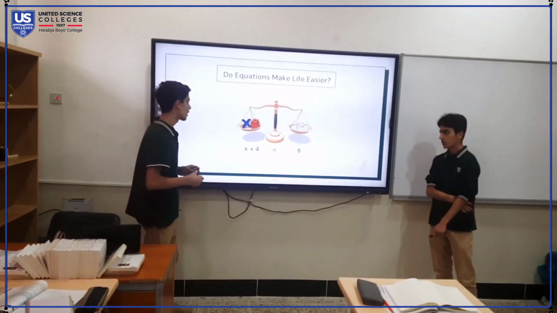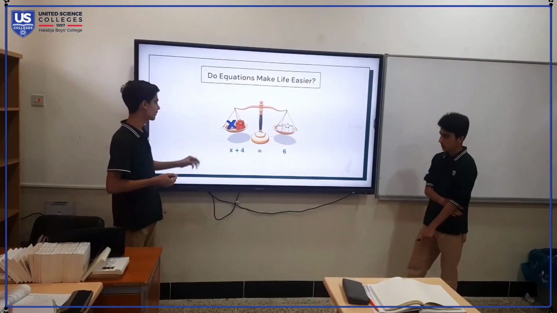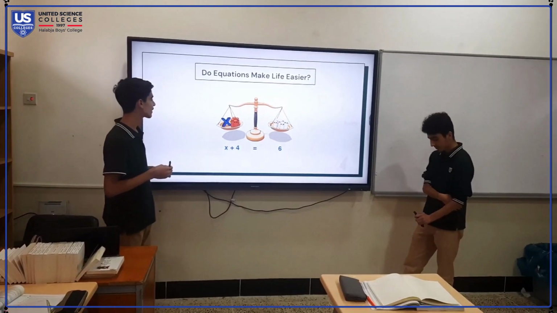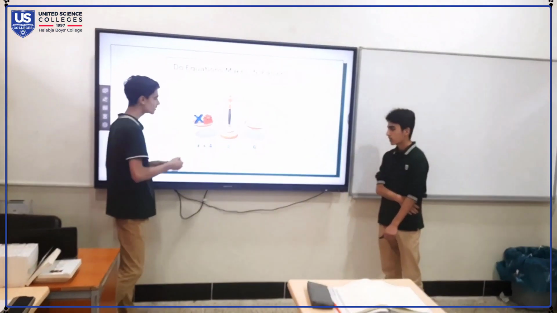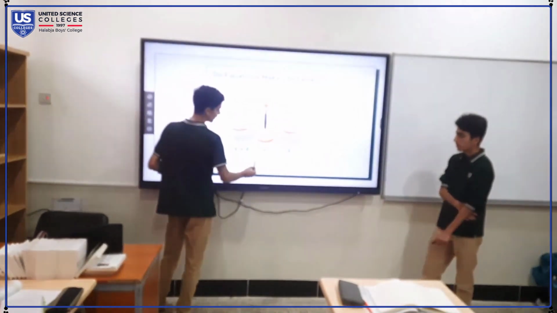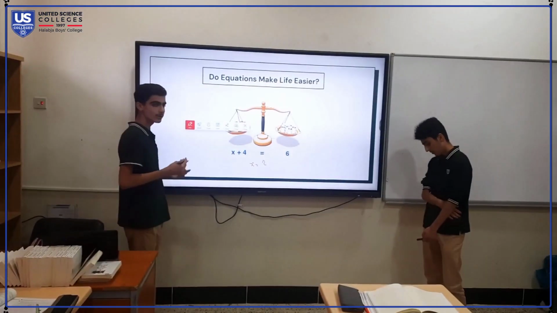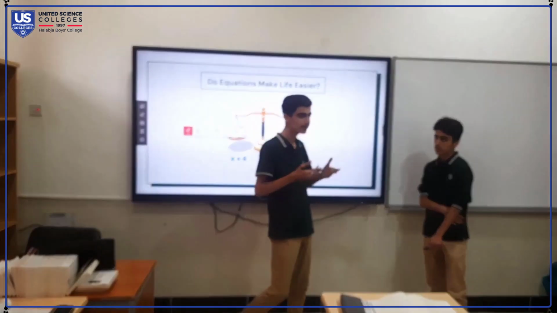How do you find out? We put a variable, the unknown, because you don't know it. We put the unknown, that is x or y or z, whatever you use. We have 4 kilos here and 6 kilos here. To find it, we subtract, and it will be 2. It means that the tomato is 2 kilos. We are using an equation here, sometimes without realizing it.